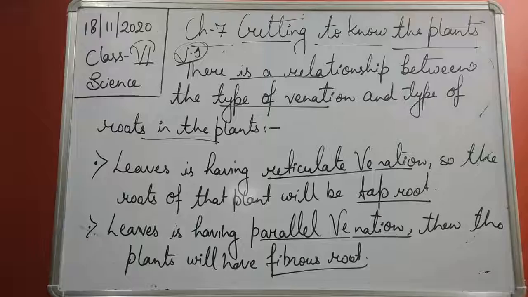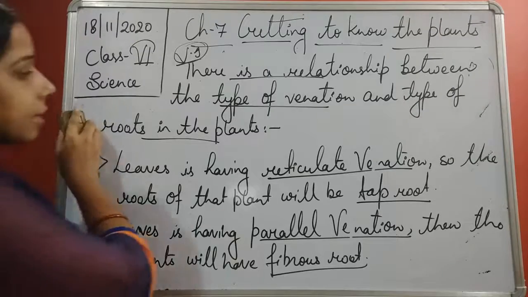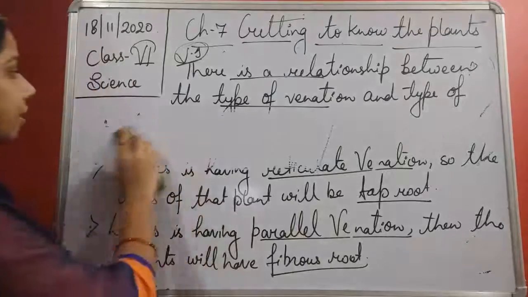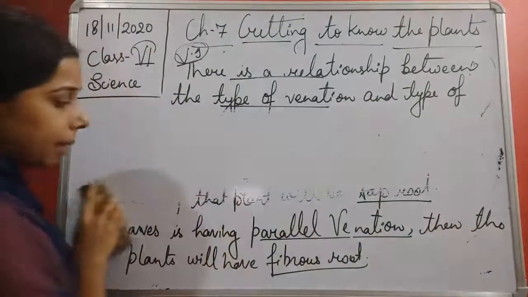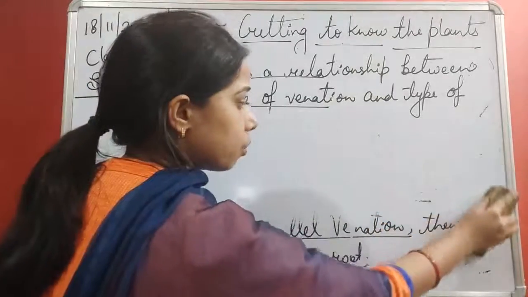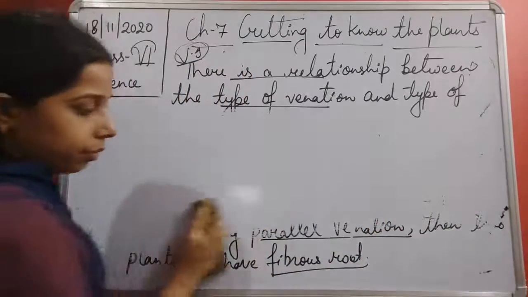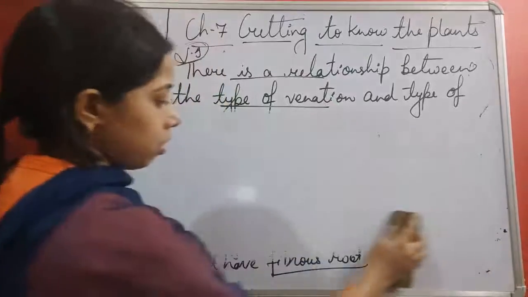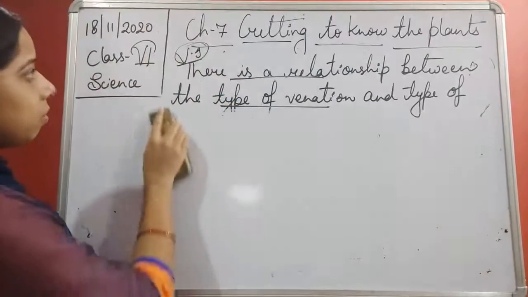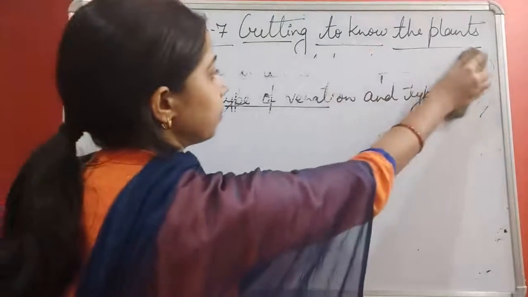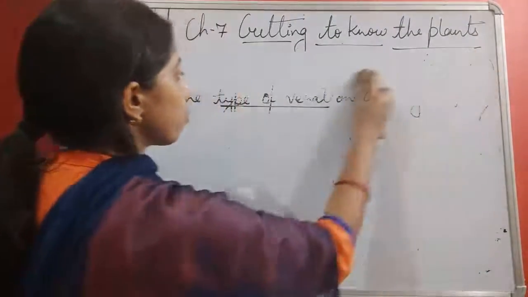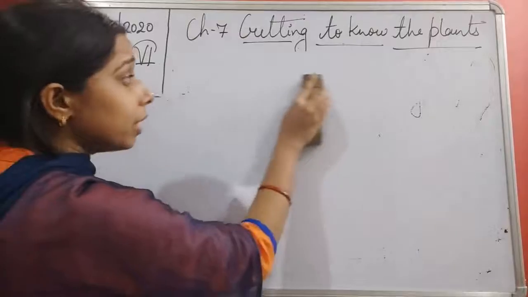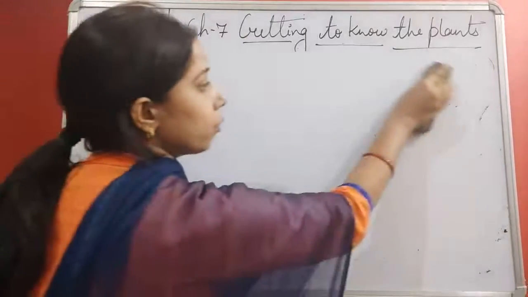Okay. Now let us try to understand the next part of the plant, students, which is a very important part of the plant, and that is known as the flower. So we had discussed the relationship between the veins of the leaves and the roots of the plant.